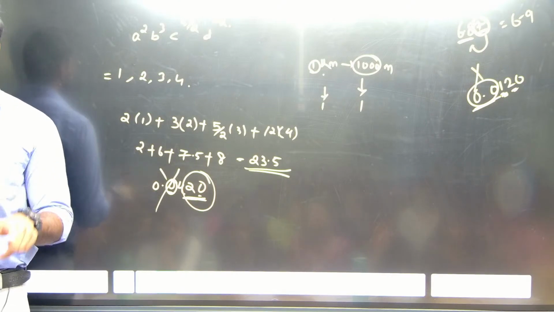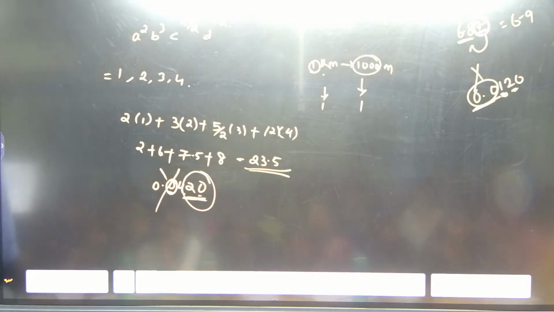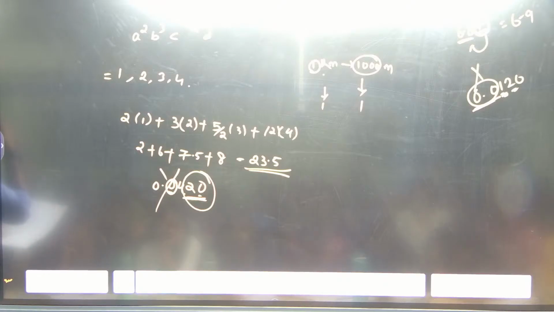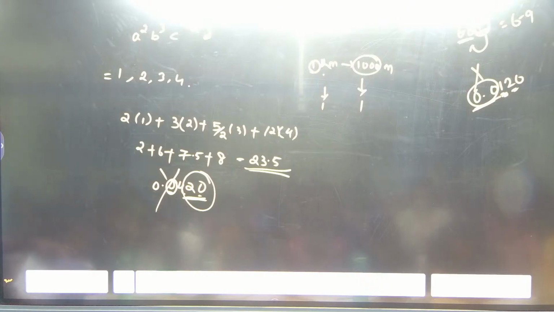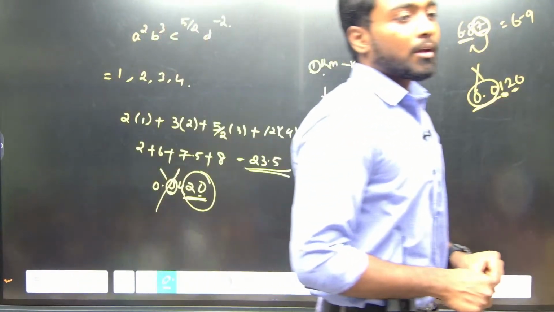Final step is, if it is equal to 5, what I should do? If the digit to be rounded off is equal to 5, then the preceding digit is increased by 1 if the number is odd.